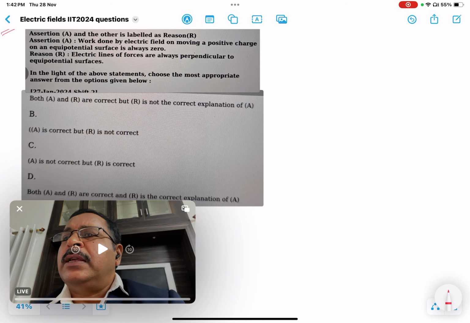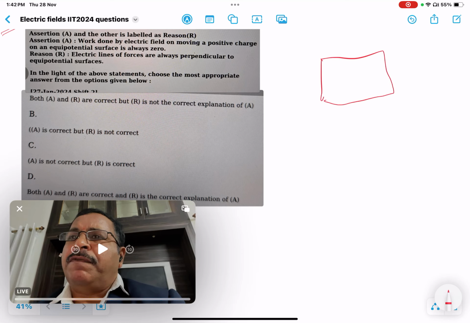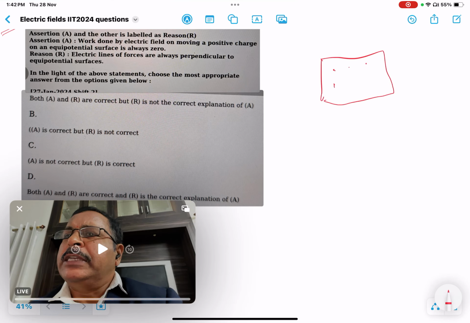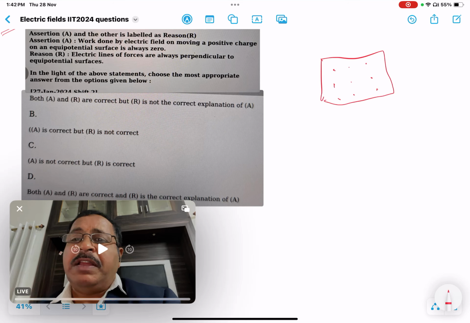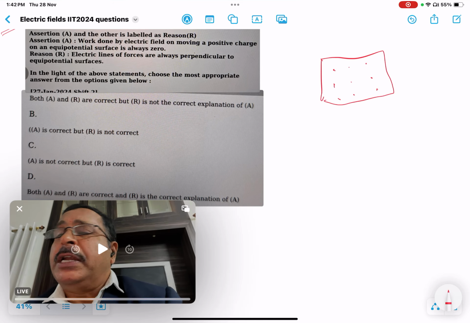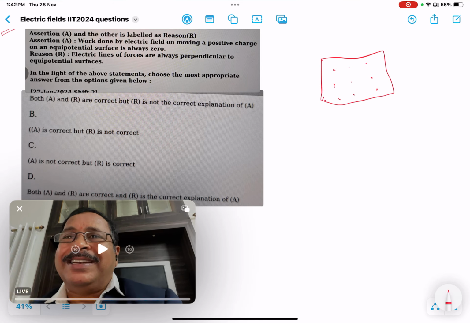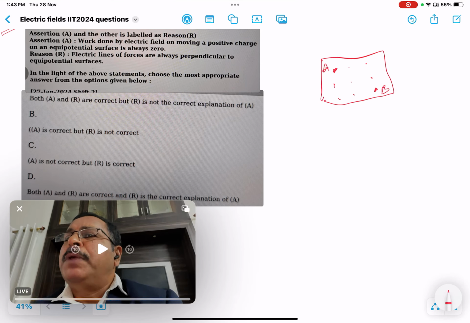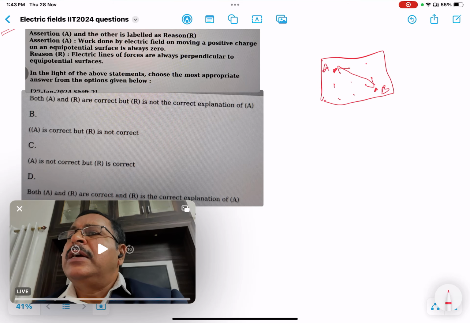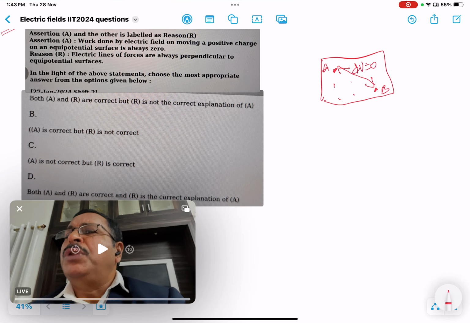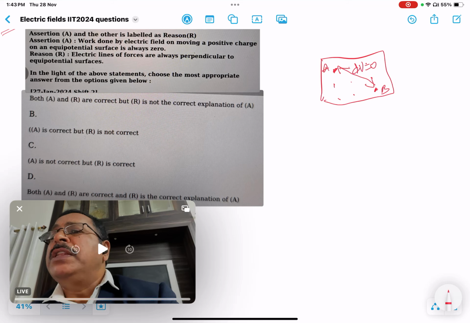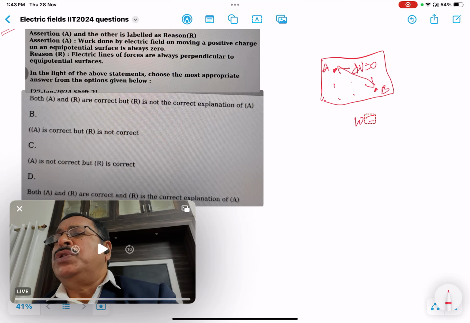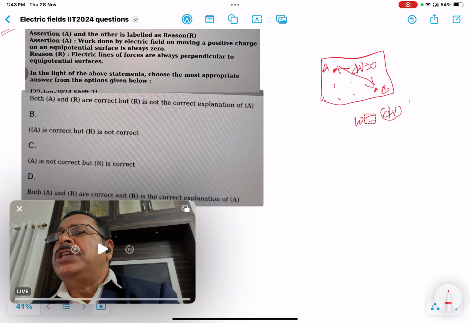We know that this is an equipotential surface. At each and every point, according to the equipotential surface definition, potential is constant. So potential at A equals potential at B at these two points. The difference between these two potentials is dV equal to 0. So if the potential difference is 0, work done equals potential difference into charge.